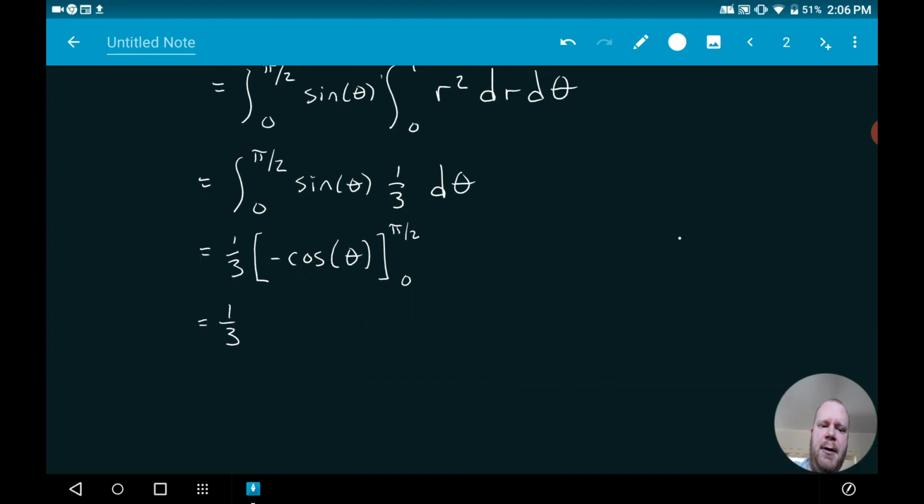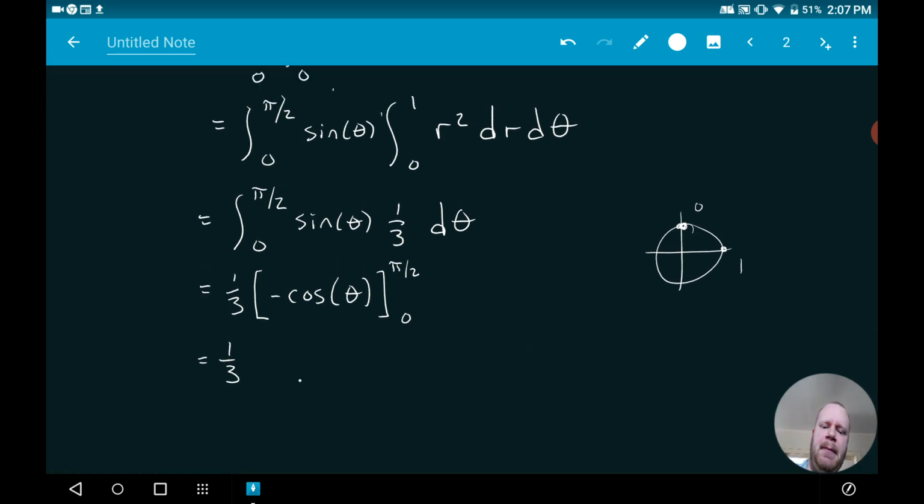Let's see, cosine of pi over 2 is going to be 0, and cosine of 0 is going to be 1. So, unfortunately, it looks like we're getting a negative number here. So let me see if I can't figure out what I did wrong. Oh, no, I didn't. It's 0 minus, 0 minus 1. What's happening there?